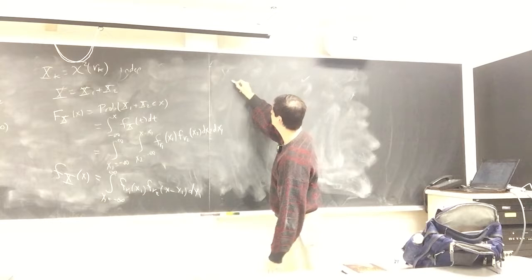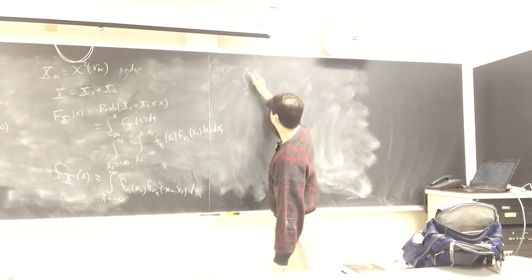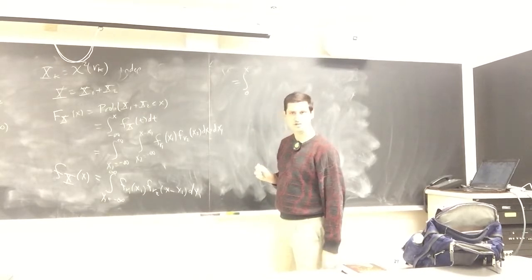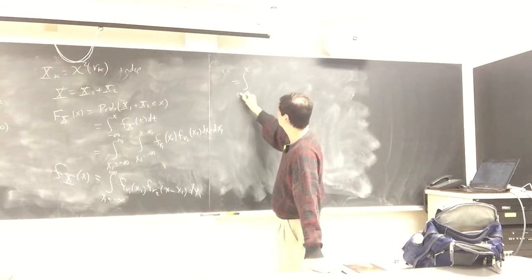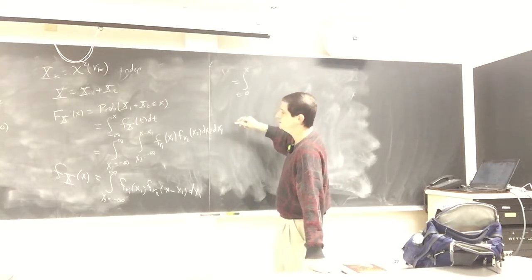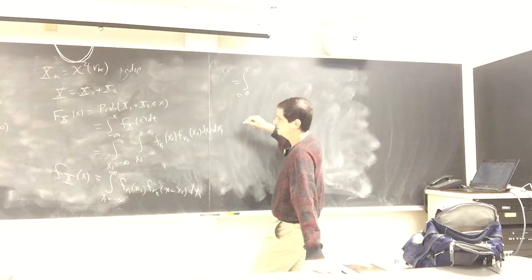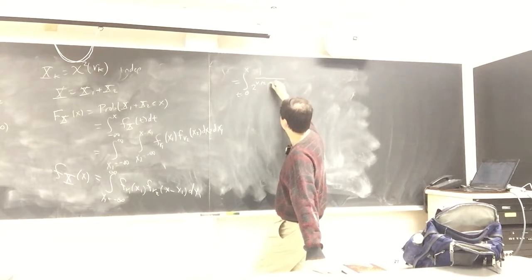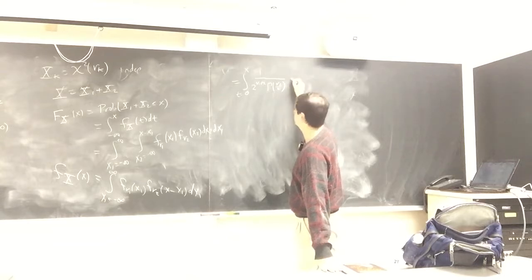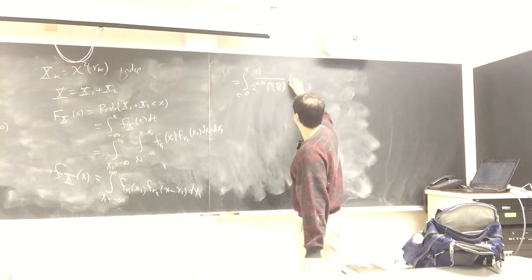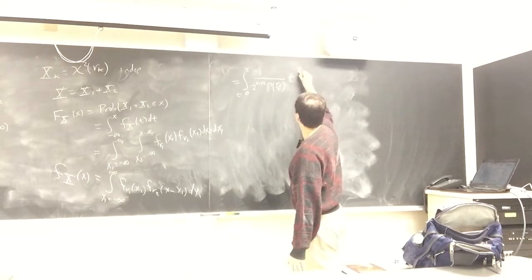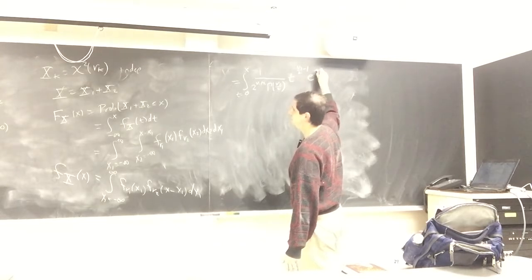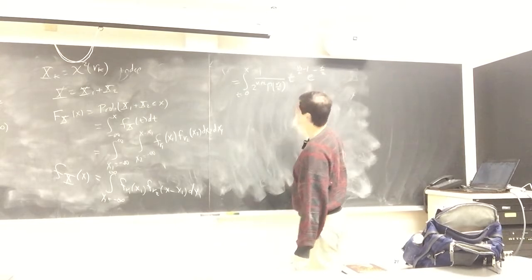All right, so this is now just the integral from 0 to x. I'm going to replace x with a t just to make the integration look a little cleaner. So the first one is the density at t. So it's going to be 1 over 2 to the nu 1 over 2, gamma of nu 1 over 2. Then the density is going to be t to the nu 1 over 2 minus 1, e to the negative t halves.